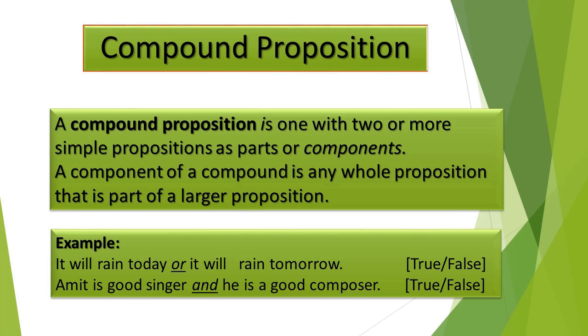Amit is a good singer and he is a good composer, which may be true or false. Now, we already know in programming, when we write programs, we already are aware of forming conditions. These propositions are nothing but simple conditions that we write in a program.